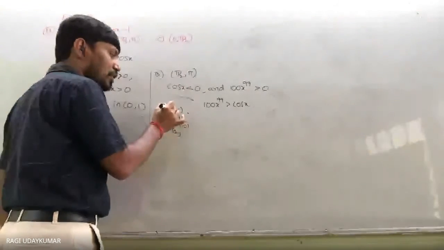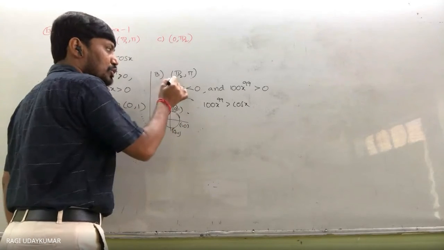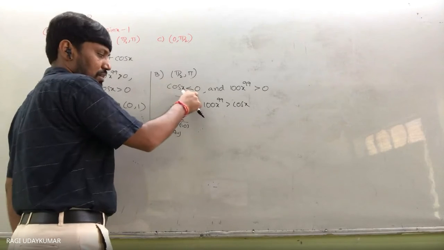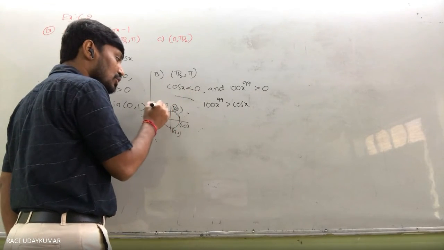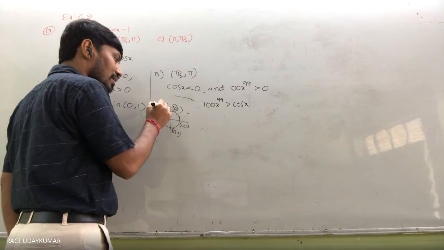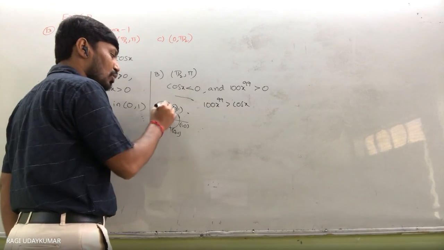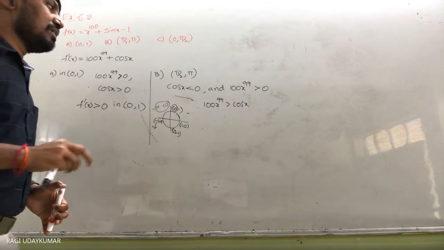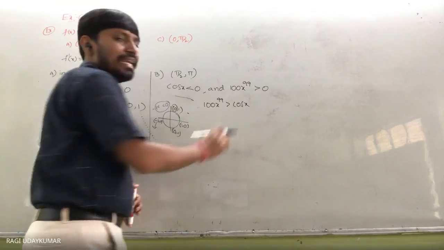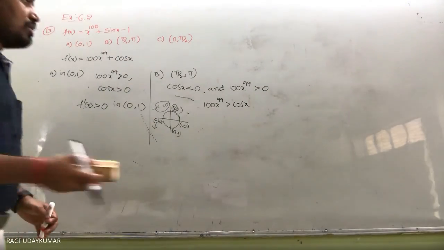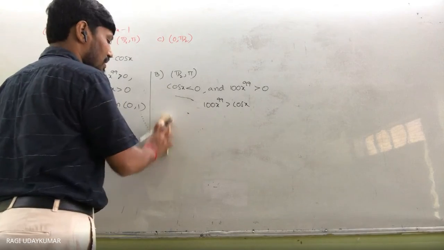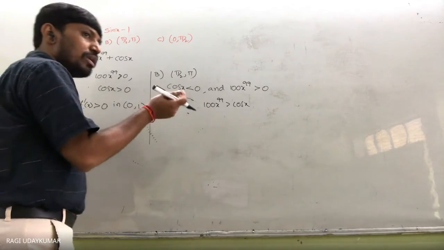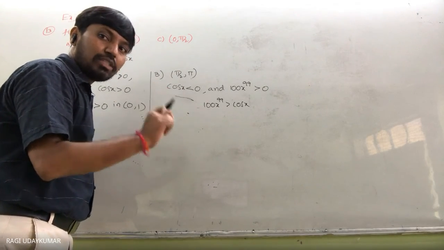Cos pi by 2 value is 0. So from 0 to -1 it goes, so the value is completely negative, but negative from where to where? Between -1 and 0 only. The value will be between -1 and 0. Then from that you can say that 100x power 99 is always greater than the magnitude of that. 100x power 99 will be positive, cos x will be negative, and how negative? Between -1 and 0.